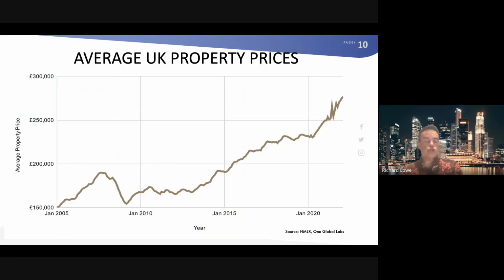Now, this graph shows the average price of a property in the UK going back to 2005, where it is at 150,000. It moves upwards until we get to about 2008, 2009, which was when the global financial crisis hit. And the average price of a property dropped by about 18%. And that's the biggest drop since records began in the 1960s.